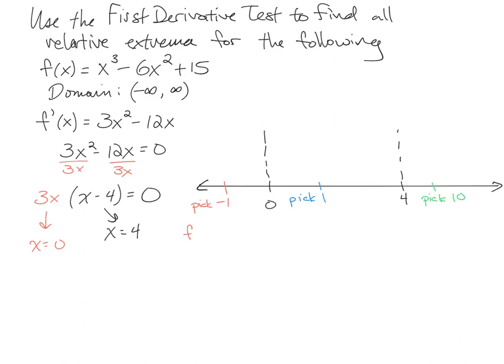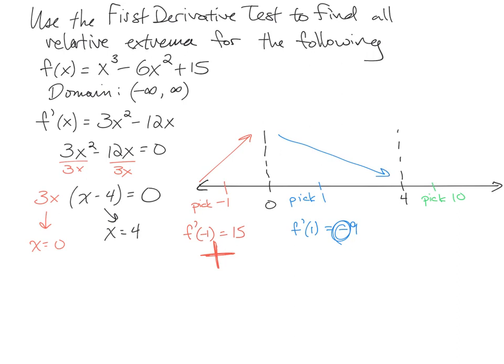So I will have f prime of -1. If I do all of that work, it'll end up being 15. But the fact that we're interested in is that that 15 is positive, so this will be increasing. If I pick 1 and find f prime of 1, I will get negative 9, which is negative, and that's what we're interested in.